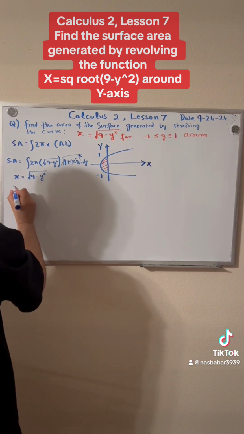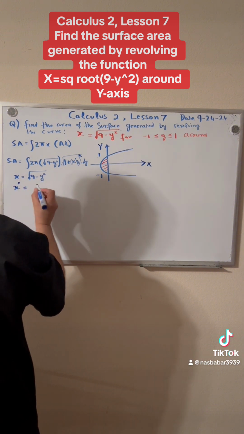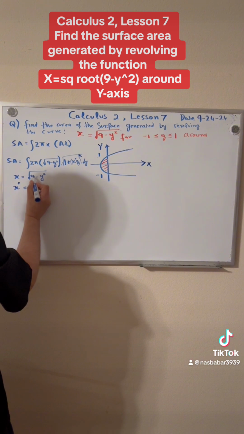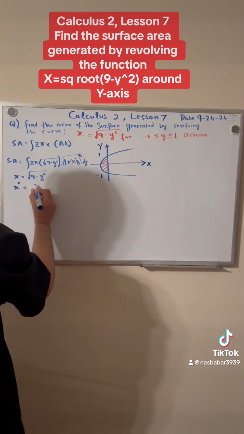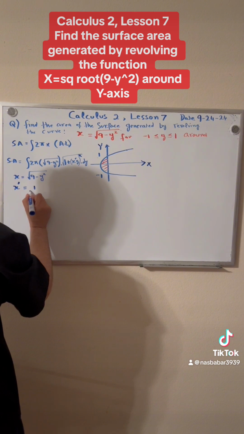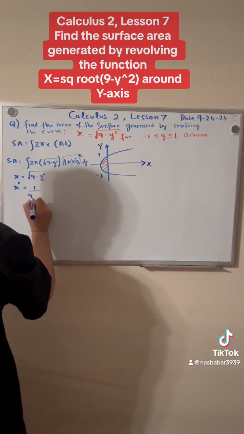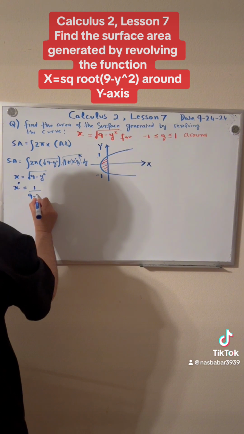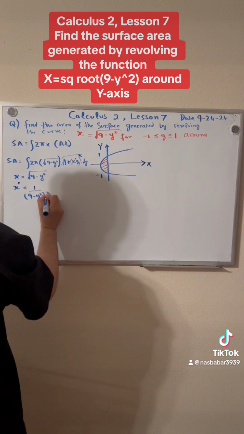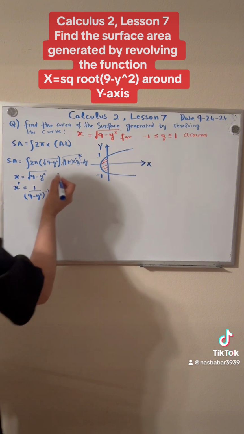So once we do the derivative of that, we are going to apply the chain rule. As you know, you have the square root of 9 minus y squared. I can write this as 9 minus y squared to the power of negative half, correct?